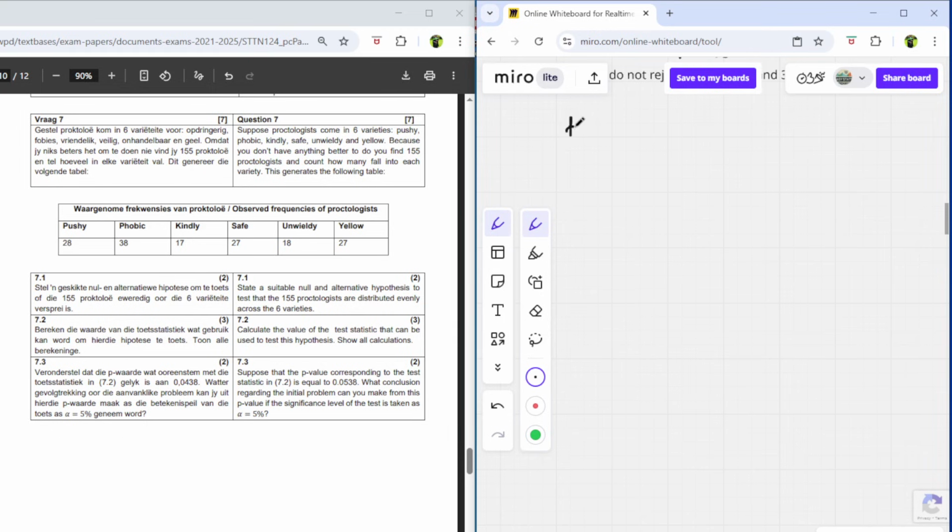So this is how we're going to write the null hypothesis. This is one question that is actually very easy and it's always there. So I don't expect a student to get 0% in the exam, because there is the null and alternative hypothesis question.